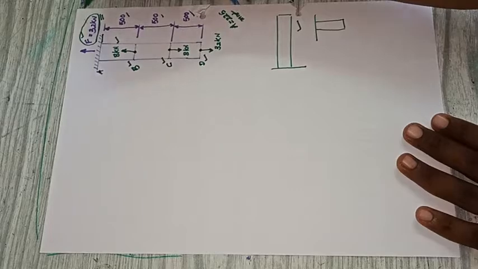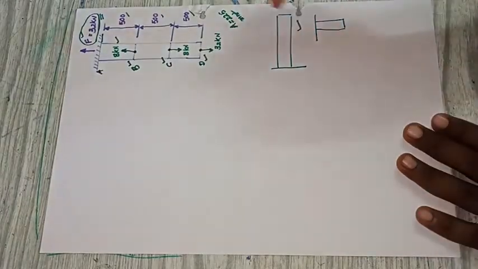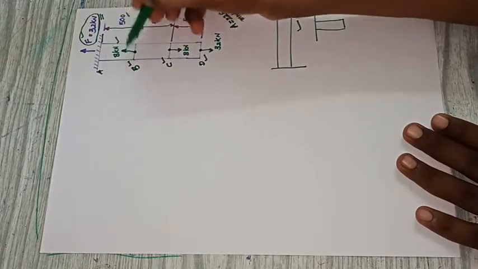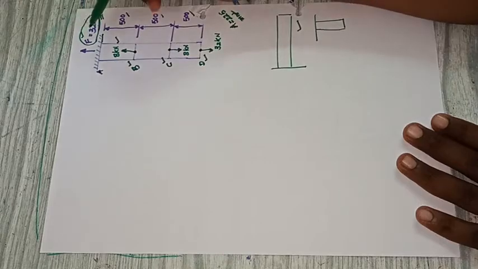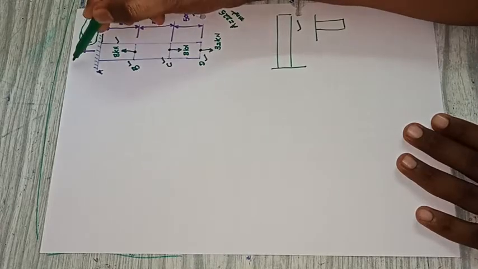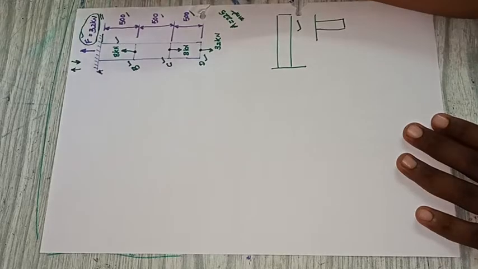How I got this 32 kilonewton is that, initially, we will check the directions of all the forces. First we have to define the direction. We don't know whether it is acting in this way or in this way, so we consider the direction based upon these three forces.